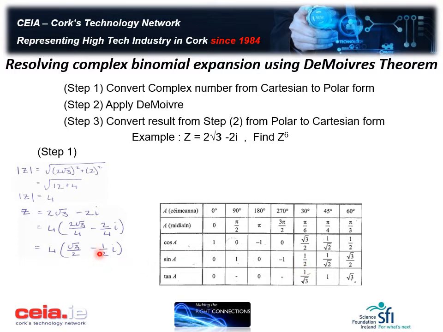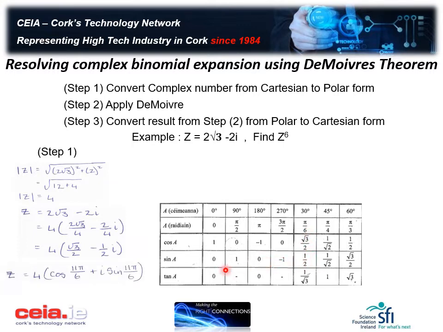Where the sine is plus a half, the angle gives us pi over 6 radians. So where the sine would be minus a half, that would give us an angle equal to 2 pi minus pi over 6 radians, which is 11 pi over 6 radians. It's pi over 6 off of 2 pi radians.